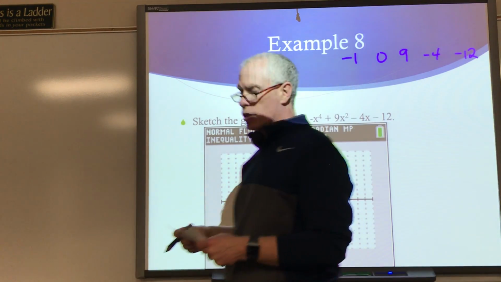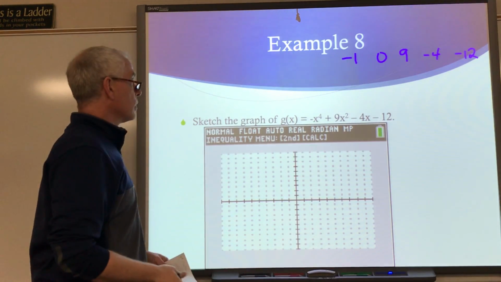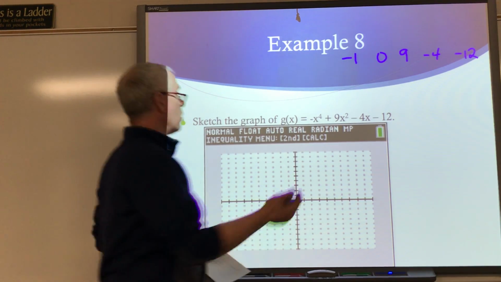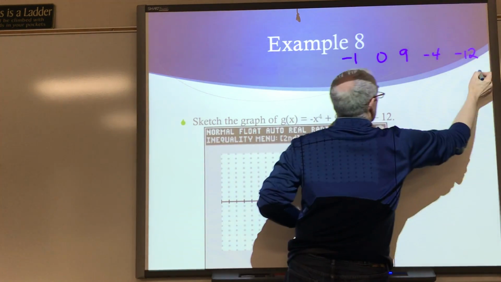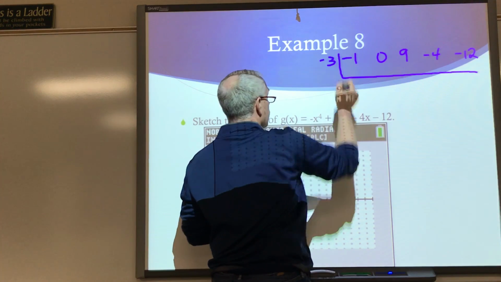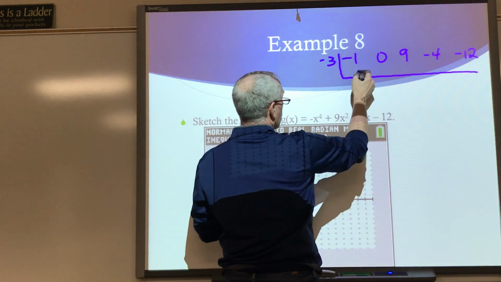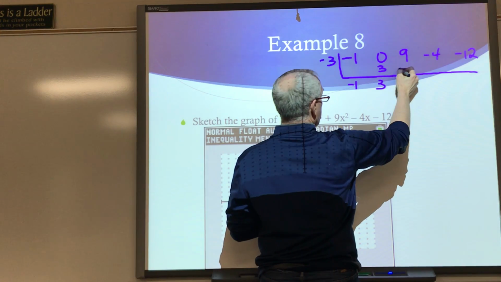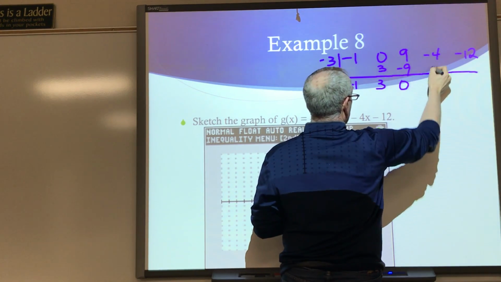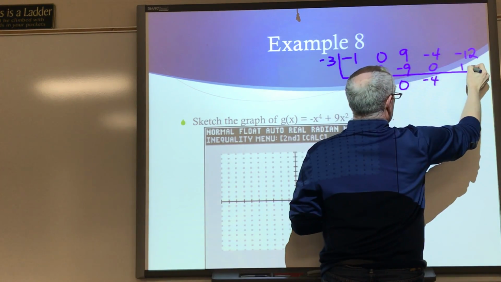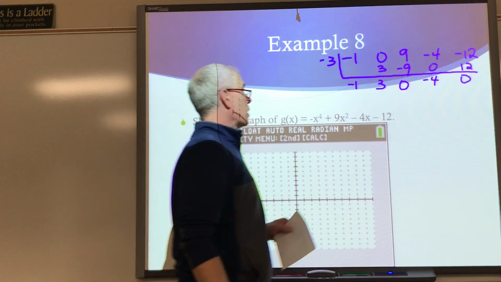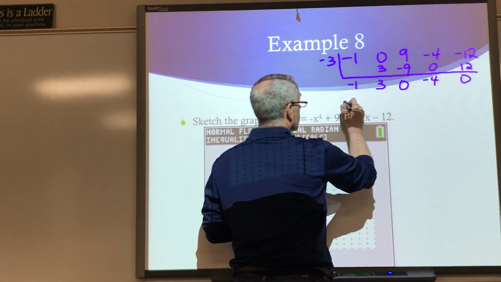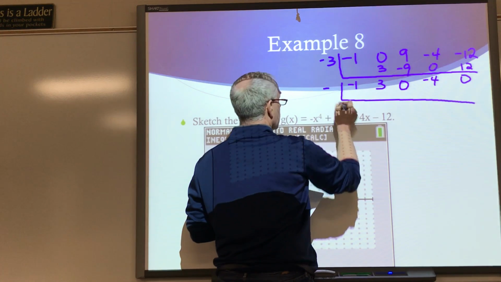And so my suggestion for you is to graph this on your calculator. Try to find out where it crosses the x-axis. Now, I found that this crossed at negative 3. So I'm going to go through and do some synthetic division here. Okay, so it clearly crossed at negative 3. It looked to me like it crossed at negative 1.